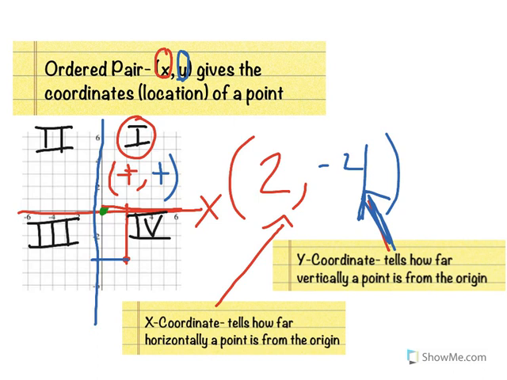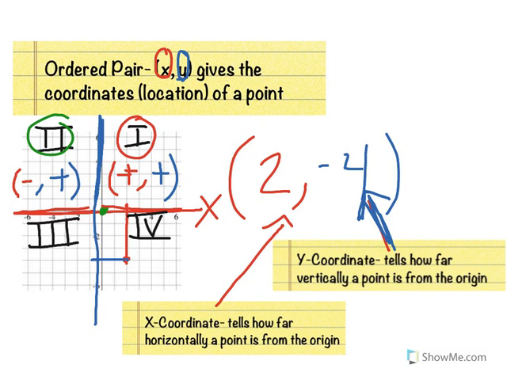In my second quadrant, along the x, I would be in the negatives, so my first number would be negative in my ordered pair, and my second number in my ordered pair will be along the y here, and that'd be a positive. So that ordered pair would be negative, positive.